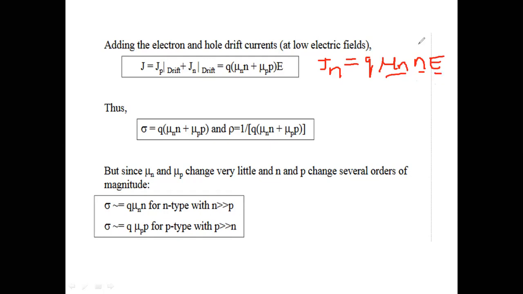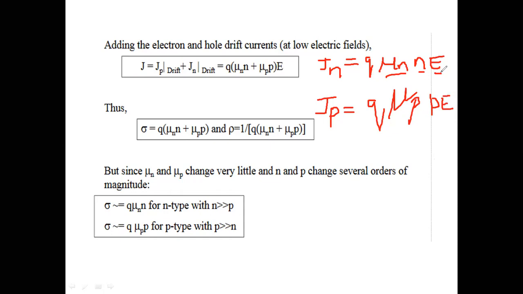Likewise, Jp, the current density due to holes, equals Q into mu p into p into E, where mu p is the mobility of holes, p is the concentration of holes, and E is the electric field applied.